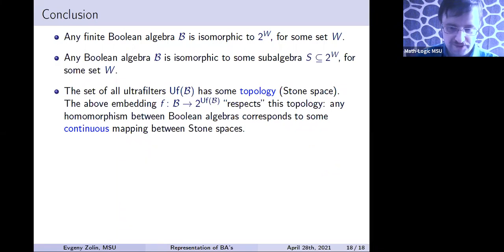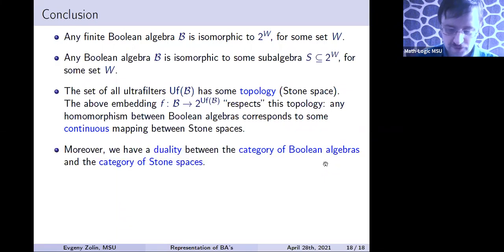And if you know something from category theory, then this result can be stated as follows. We have two categories, the category of Boolean algebras, so we have Boolean algebras and homomorphisms between them. And on the other side, we have some specific topological spaces, Stone spaces, and continuous mappings between them.